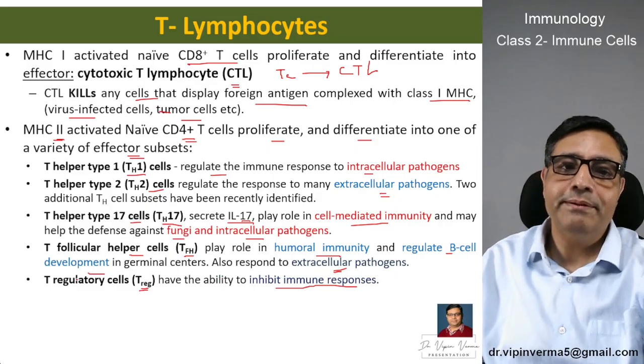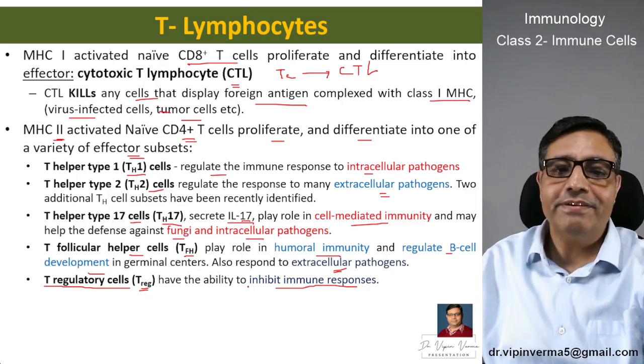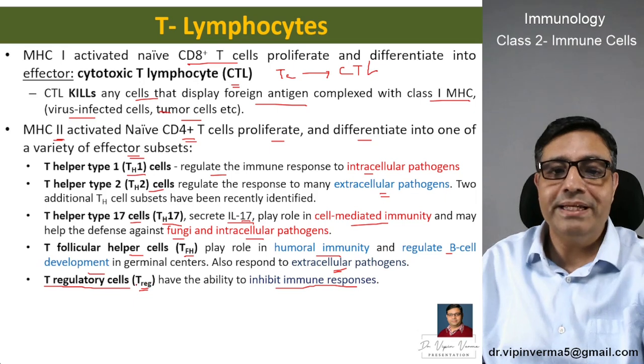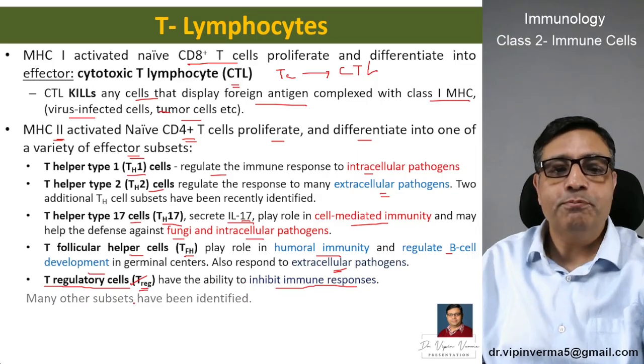And for this inhibition, we have these T regulatory cells. So that's why we call them Tregs. And now, over the period, these Tregs are coming up with quite interesting factors, and they have the ability to inhibit the immune responses.